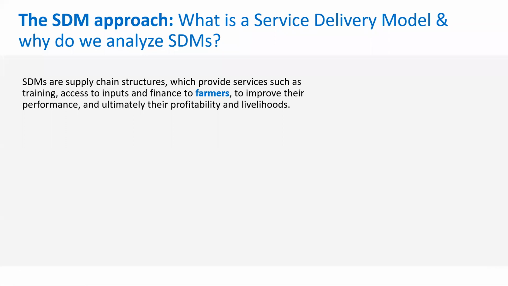Great. So when we talk about SDMs, we talk about what we mean. We're talking about ecosystems or supply chain structures which provide services to farmers. Traditionally, these services might have encompassed training, inputs, and finance, but we also see a variety of different services.